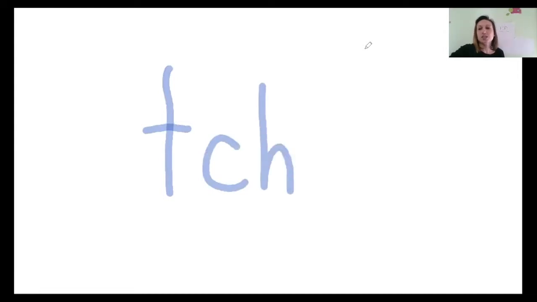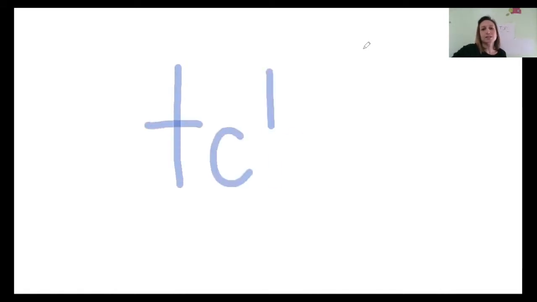And let's do it again. Do it with me. TCH says ch, long spelling right after short vowel. And then we cover that up or clear your board. One more time without looking.